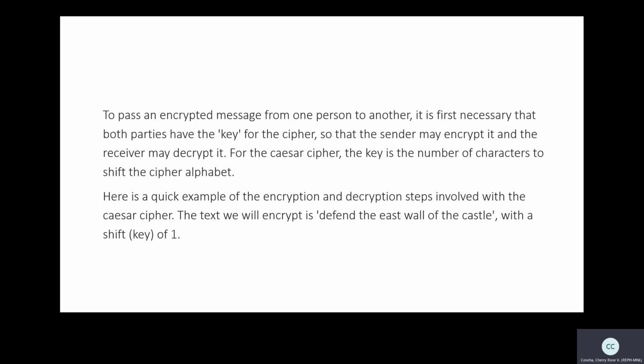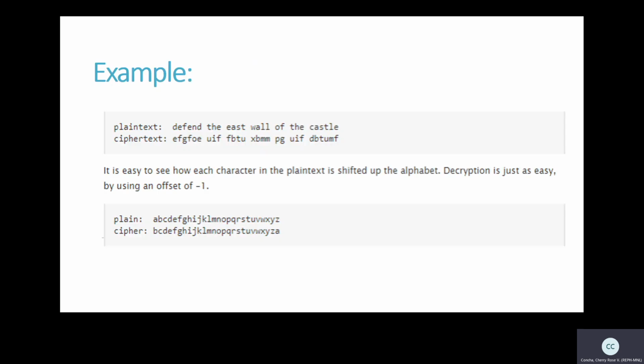So here's a quick example of the encryption and decryption steps involved with Caesar cipher. The text we will encrypt is "defend the east wall of the castle" with a shift key of 1. It is easy to see how each character in the plain text is shifted up the alphabet.